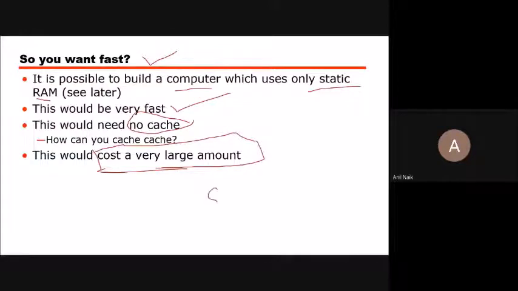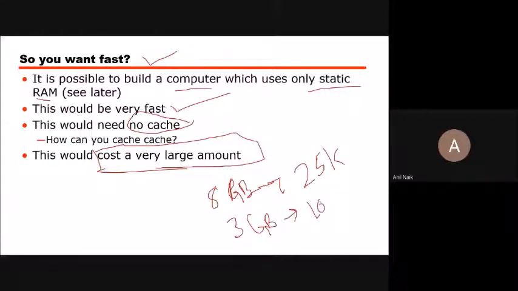As I already told, if you want fast memory like 8 GB RAM, the cost will be more, 25,000, and for something like 3 GB RAM you will get it for like 10K. Okay. If you want faster memory, the cost will be more.